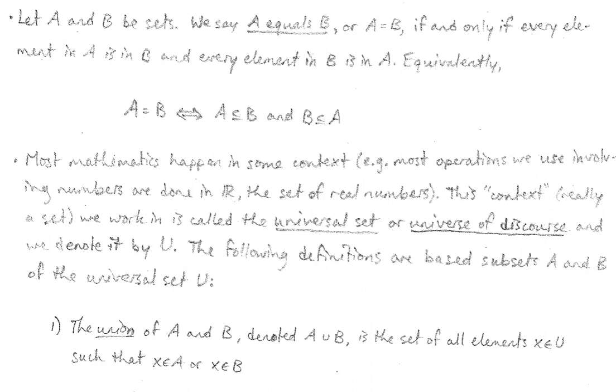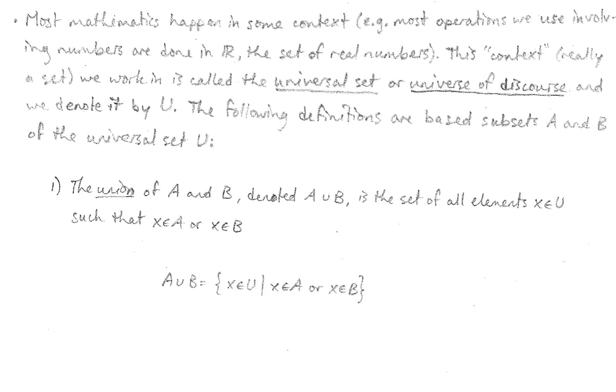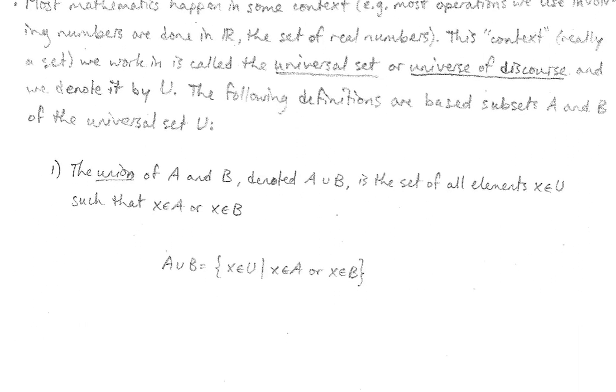We're working in the set R. And whatever this context set is that we're working in is called the universal set or the universe of discourse. And we can give it the name capital U, or just U. So the following definitions are based on two sets A and B, and these sets are subsets of this universal set U.